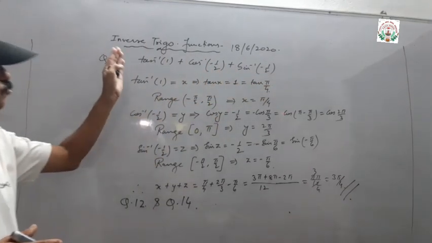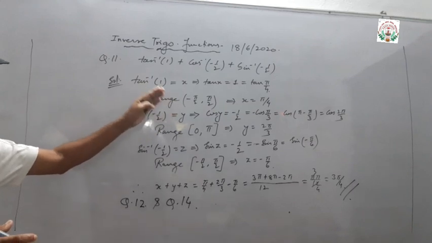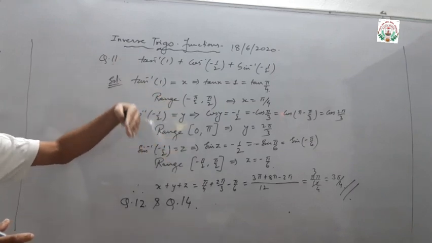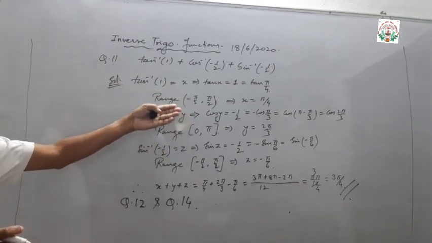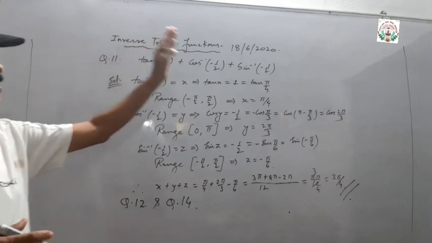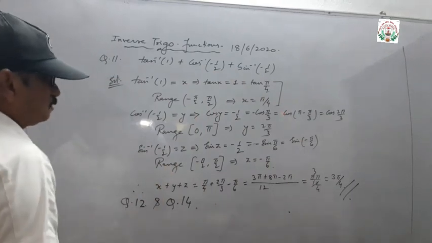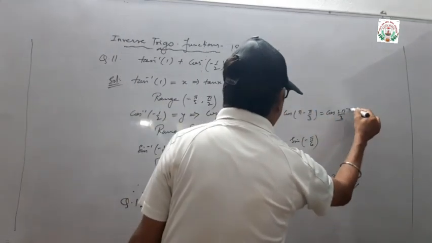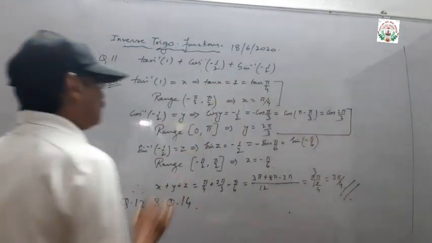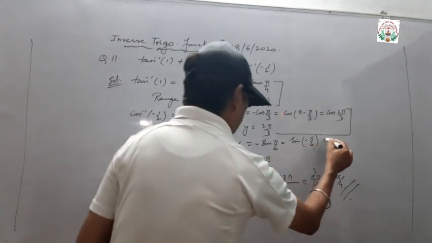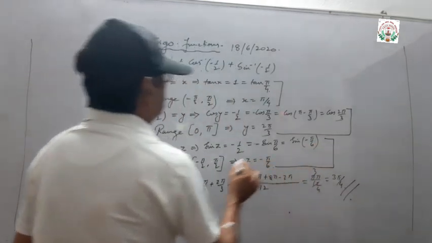So separately you have to calculate in the same way as we have solved from question number 1 to question number 10. So first we have solved for this, second part we have solved for this one, and third we have solved for the last one.